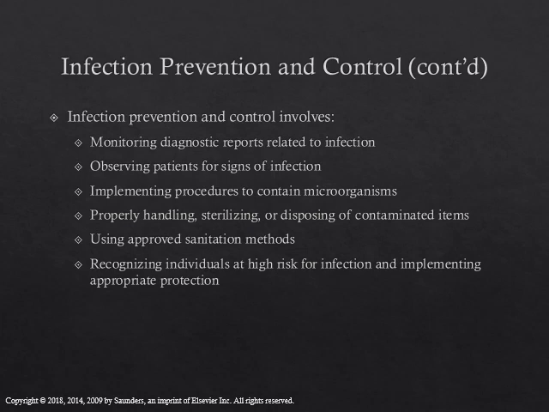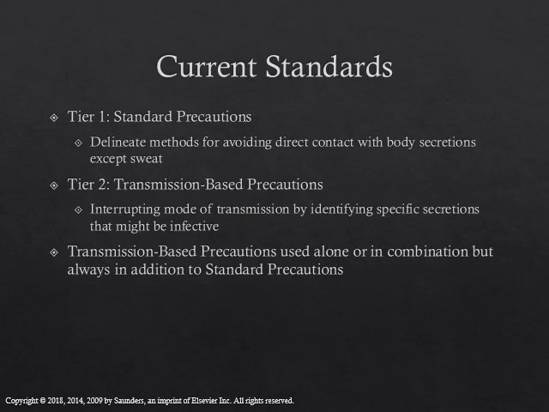Infection prevention and control practices are focused on protecting patients, healthcare workers, family members, and social contacts in all settings. We have standards. So our current standards, we have standard precautions, transmission-based precautions. Tier 1 is standard precautions.